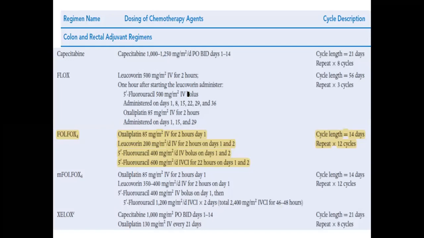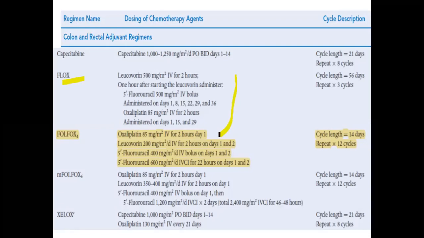But we do have other regimens, like the FLOX regimen. That means leucovorin plus 5-FU and even oxaliplatin. I don't really see the difference, except that the duration of administration is different.